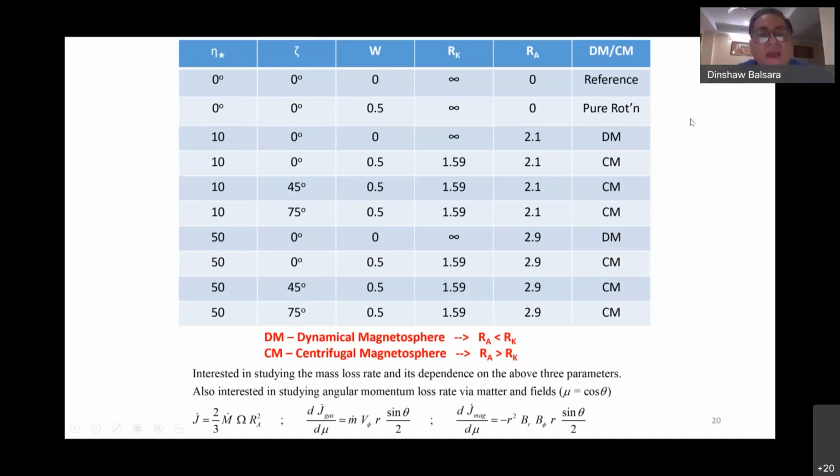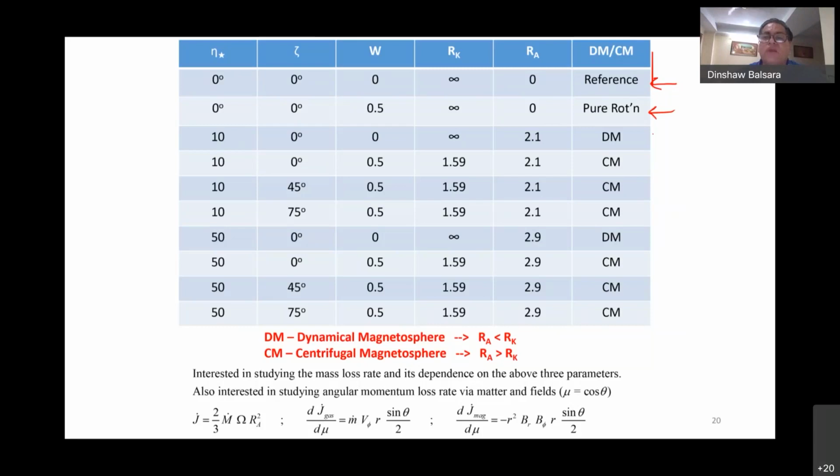So let's go ahead and see what we have simulated. We simulate, as a point of reference, a non-rotating, non-magnetized wind around a star. But then we also assign to it a certain amount of rotation. That's important because we want to understand the effects of rotation, the effects of magnetic field, and then the effects of magnetic field and rotation.